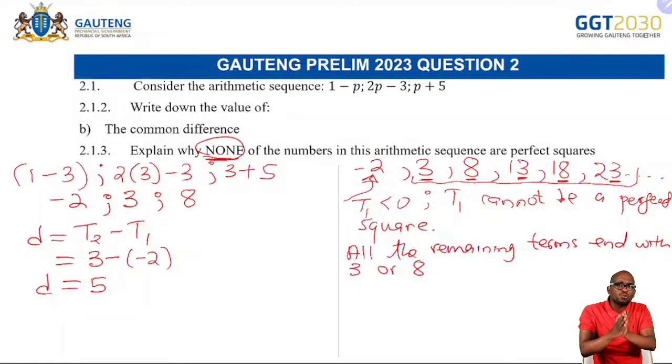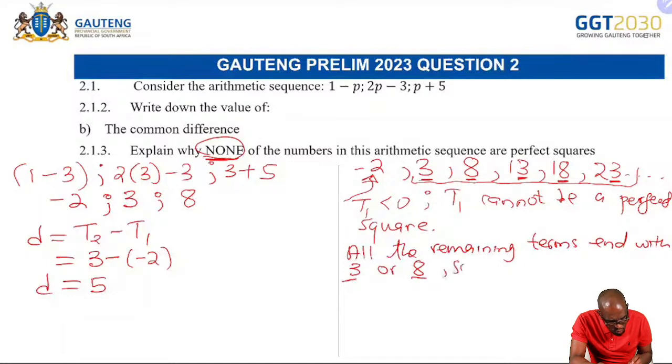All our perfect squares would end with 0, 1, 4, and so on. So we don't have any perfect square that ends with a 3 or an 8. So all the remaining terms end with a 3 or an 8, and they can never be perfect squares.